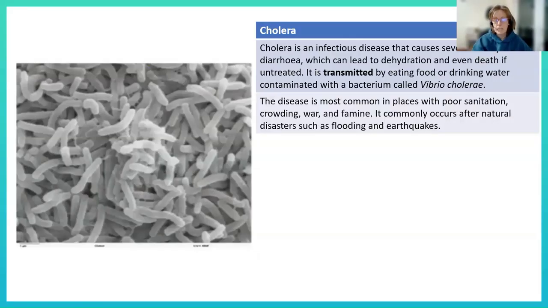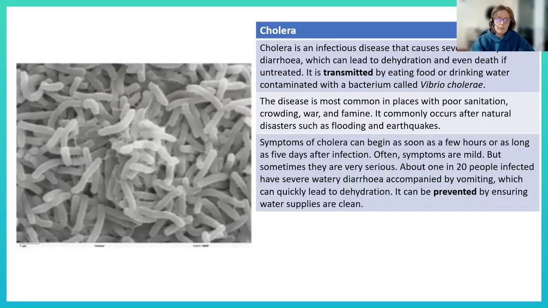It's really common in places where there's poor sanitation, so crowded refugee camps where there's war or famine and there aren't proper sanitary conditions, which is really sad because not only are people going through whatever horrendous event like war or earthquake or whatever disaster they've gone through, but then these waves of horrendous disease come pretty soon afterwards.